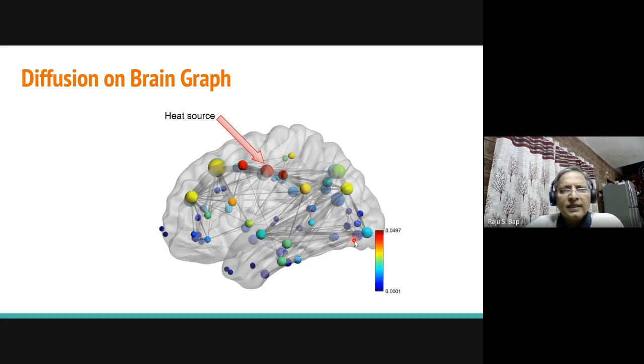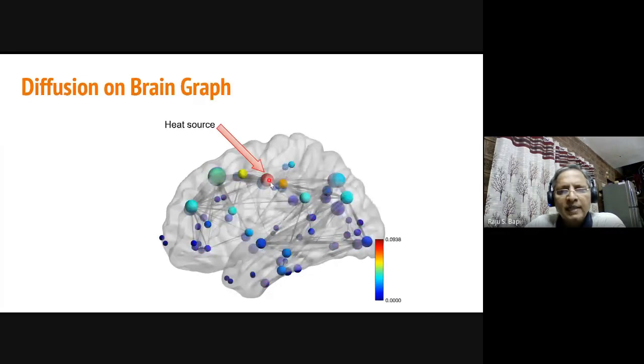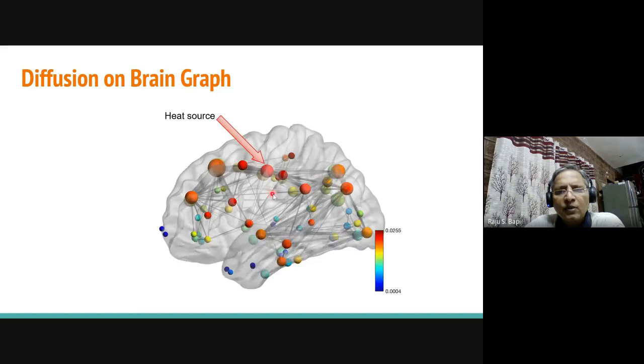Now, this is a schematic representation. Here the node sizes refer to degrees of the nodes, that means if you have more connections, you are bigger in size. And the color coding here depicts the amount of heat that has diffused.